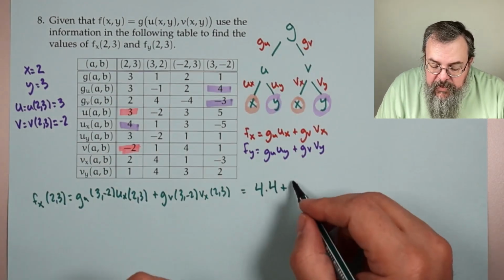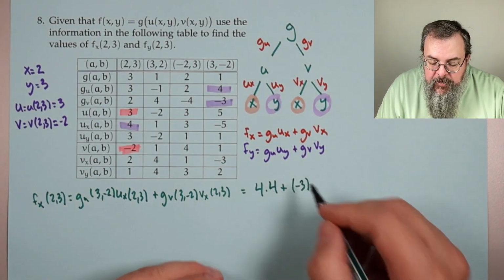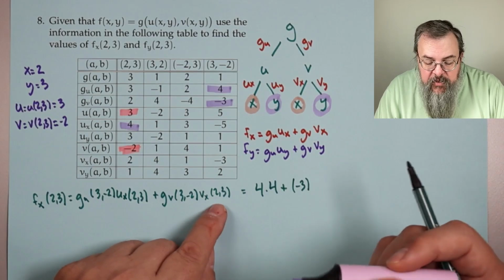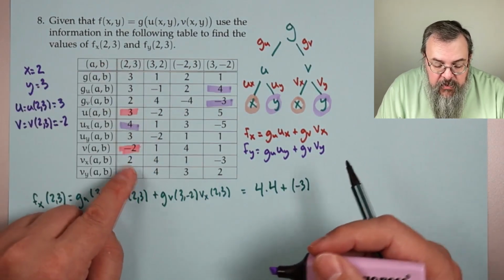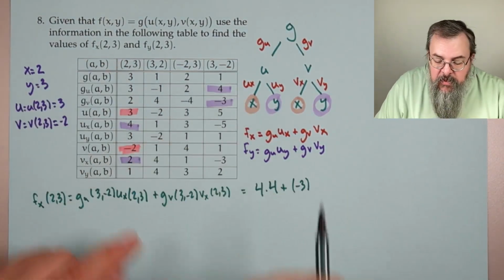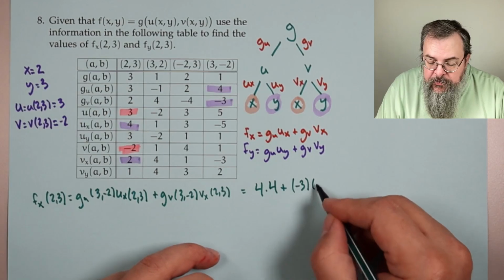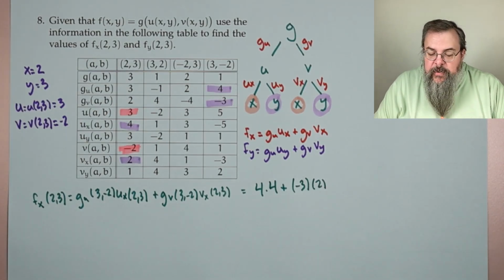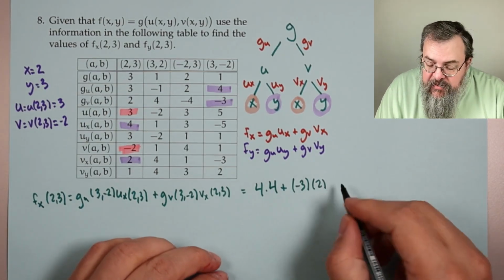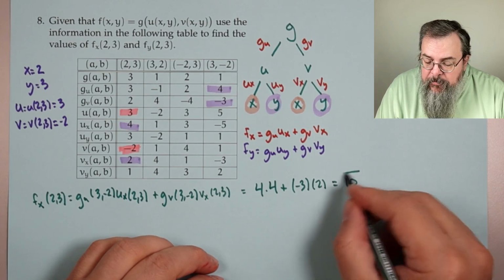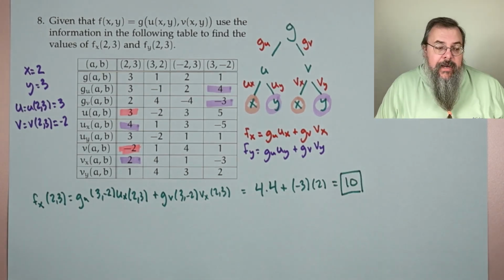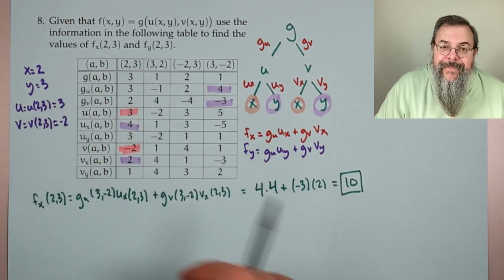That's -3. And v sub x at (2, 3), and that's 2. So we get 16 minus 6, which is 10. All right, we're halfway done.